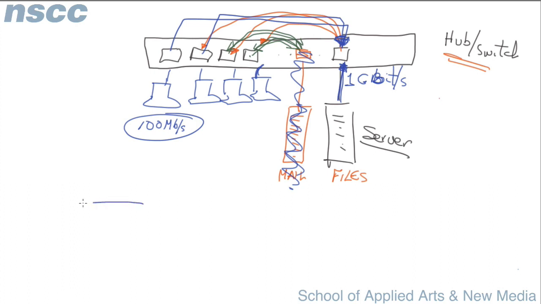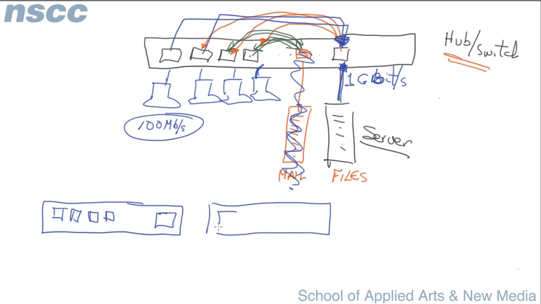Another advantage of this fast port that you'll see on many switches, so let's suppose we have some fast Ethernet ports here, but we have a 1 gigabit per second port here, and we have another switch with a gigabit per second port here, is that these switches can be cascaded together, sometimes called an uplink port, and so this can now operate as one single switch.